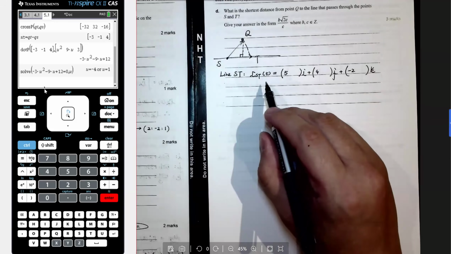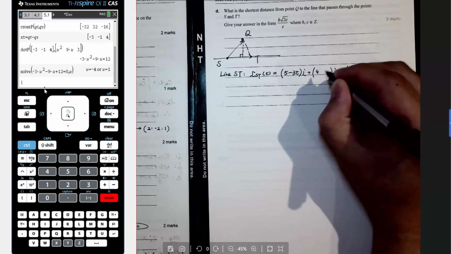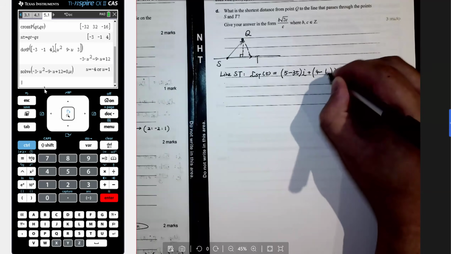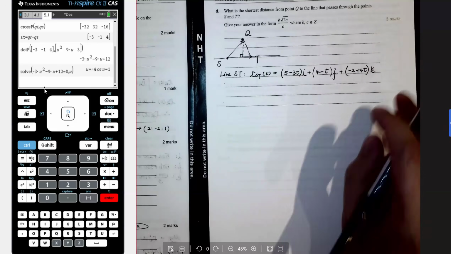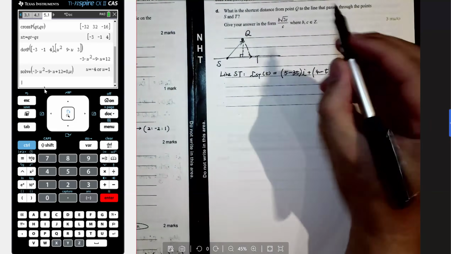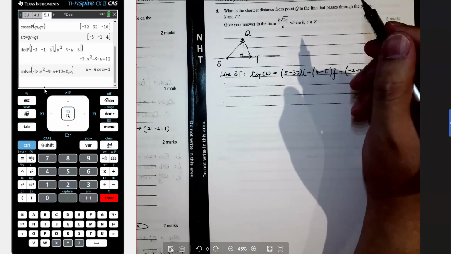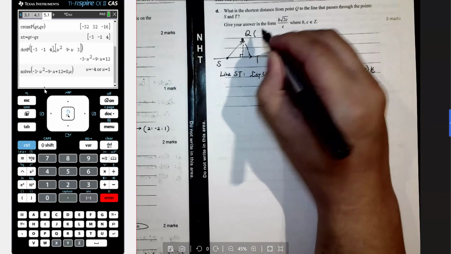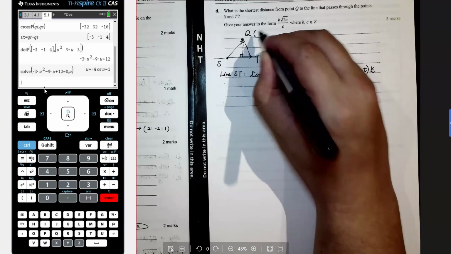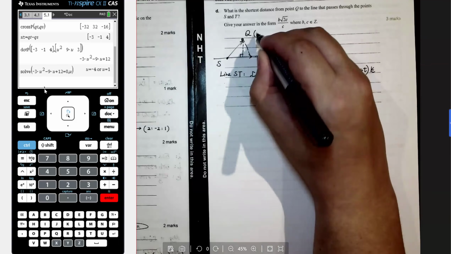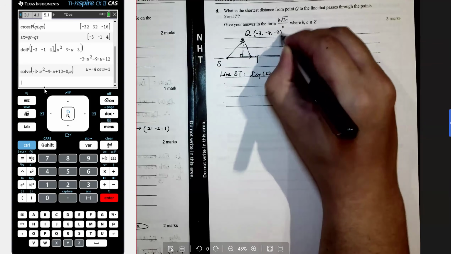And for the direction vector, because we found ST before, we can take -3t, -t, and plus 4t. And the location of Q is (-3, -4, -2).